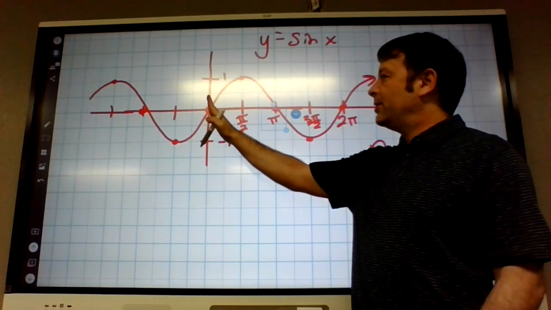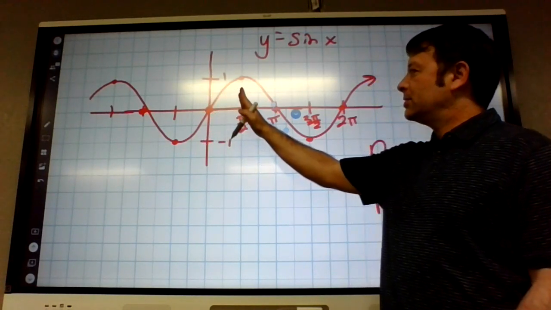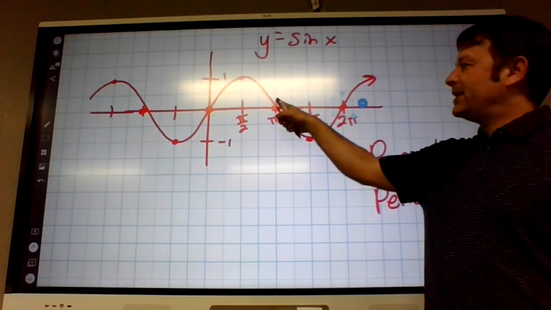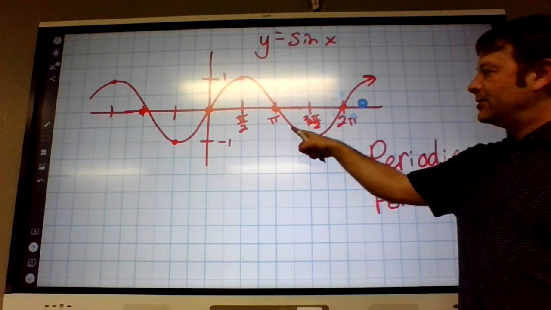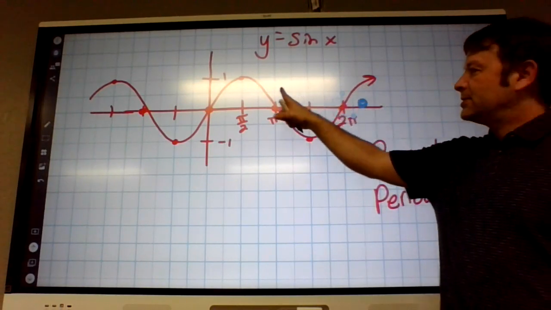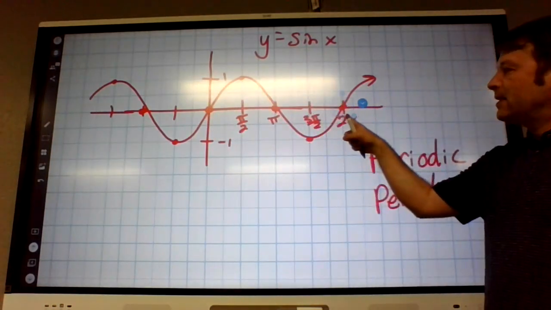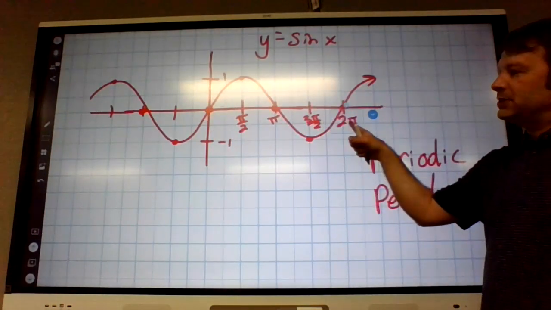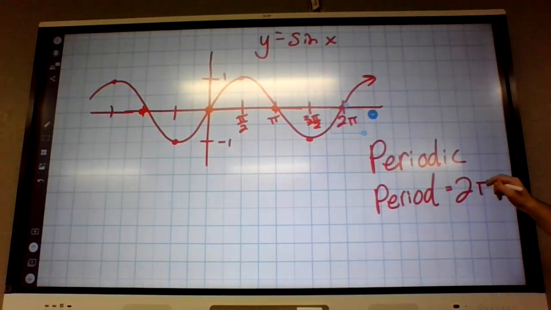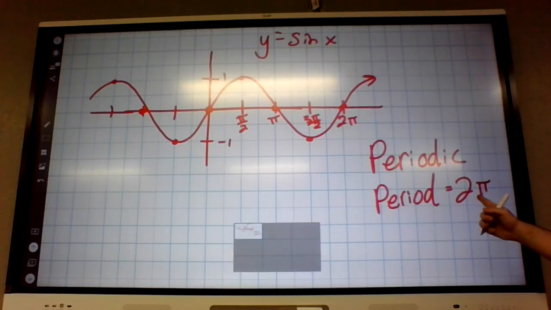How far do I go before it starts over again? Right here doesn't count because the graph is going down here. So right here is where it starts repeating itself. How far is that? 2 pi. It's like 360 degrees, but 2 pi would be the period. So the period for a normal sine and cosine graph is 2 pi.